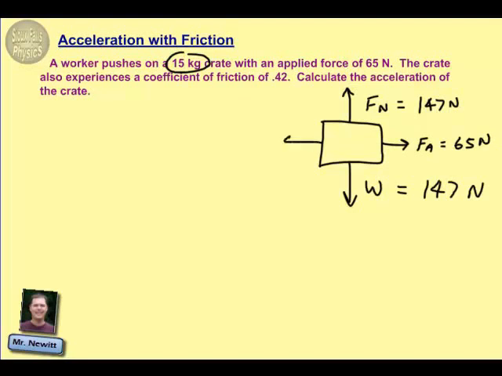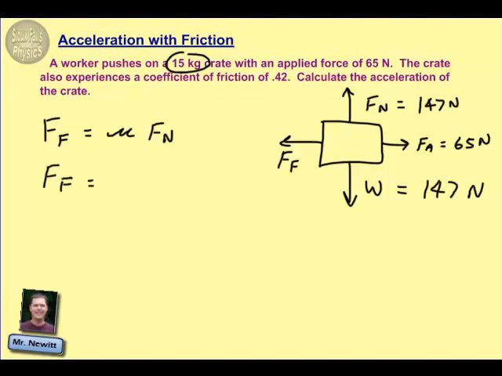And then there is a frictional force that is opposing that applied force. We do not know the amount of the frictional force, but we can calculate it because we are given the coefficient of friction. So remember, our frictional force equation states that frictional force is equal to the coefficient of friction times the normal force.